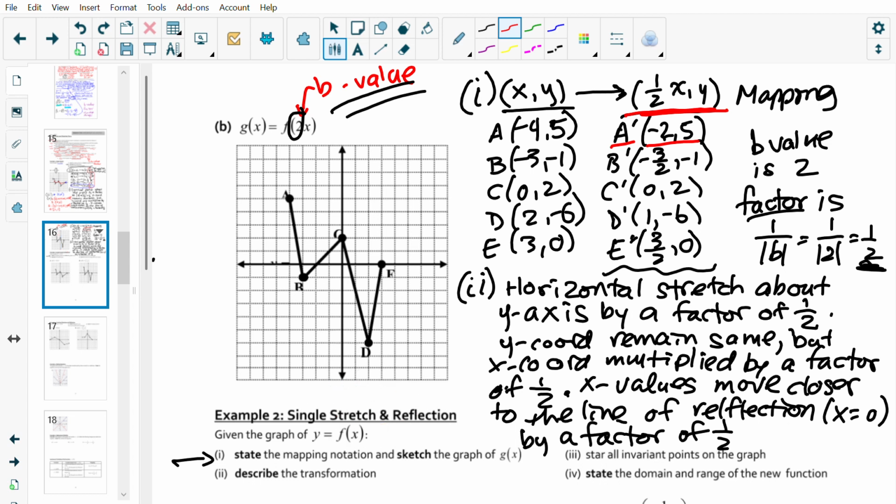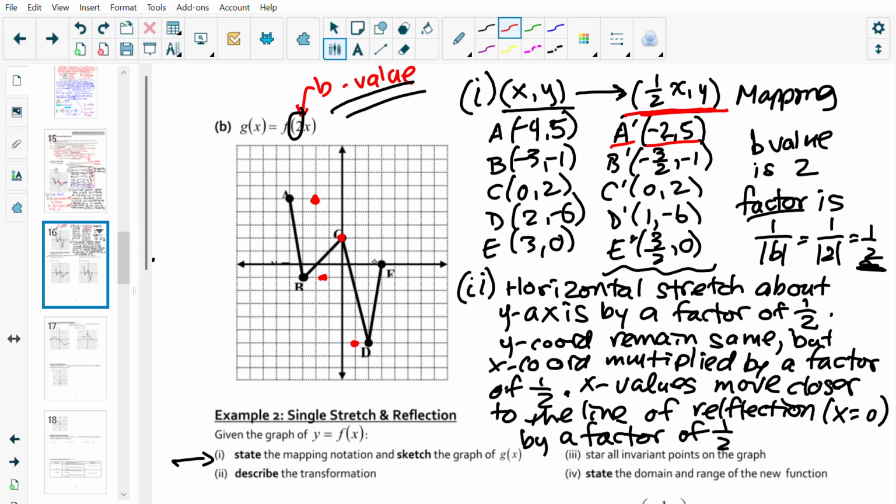Okay. Let me plot these. So -2, 5, -3/2, -1. Okay, right there. 0, 2. 1, -6.